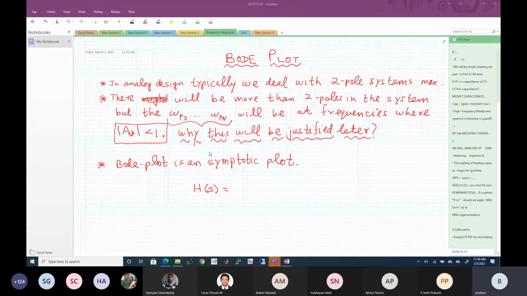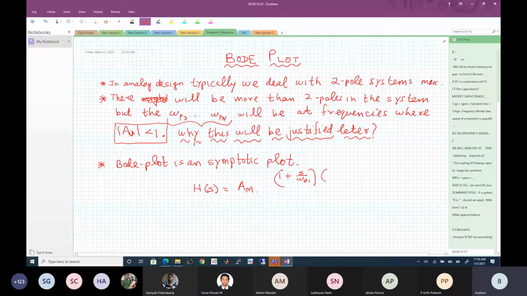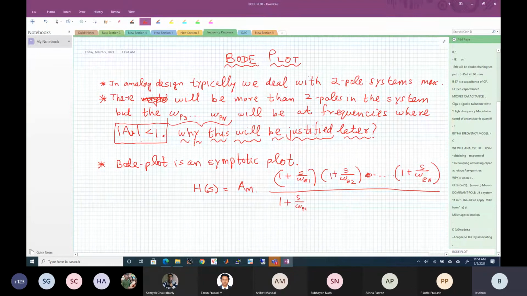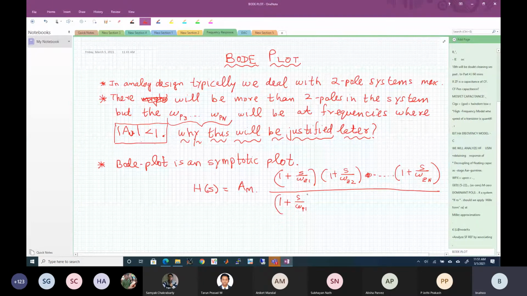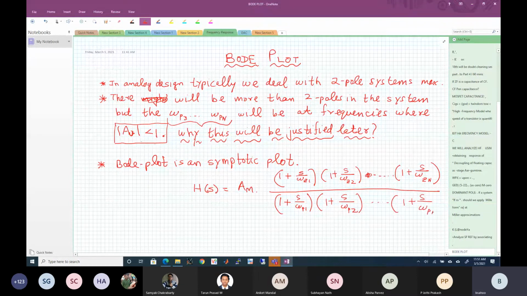So H of s, Bode plot is an asymptotic plot. Now we will write the transfer function as a midband gain, and 1 plus s by omega z1, 1 plus s by omega z2, like this, 1 plus s by omega zn, and the poles as 1 plus s by omega p1, 1 plus s by omega p2, 1 plus s by omega pm.